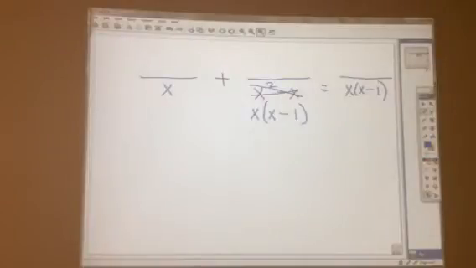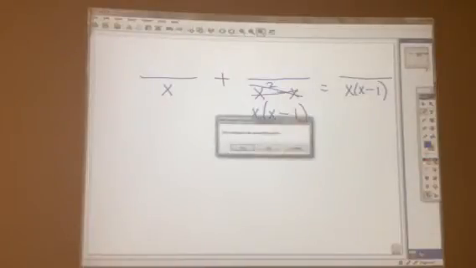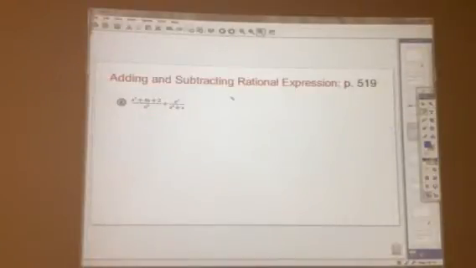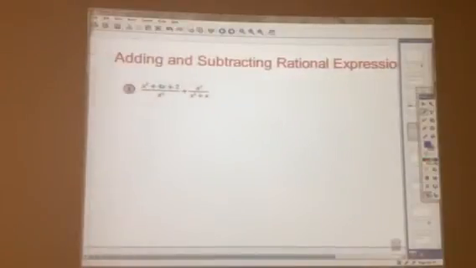All right, let's go back to the PowerPoint here. Adding and subtracting rational expressions. I'm on page 519 up at the top. Write this problem in your Cornell notes, because I may work it a little bit differently than they do in the book. I'll try to pick out the easiest way to work the problem.